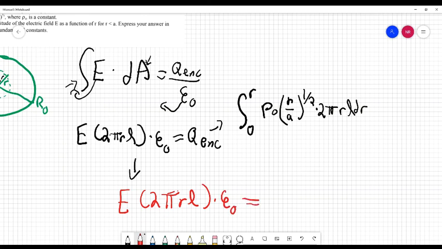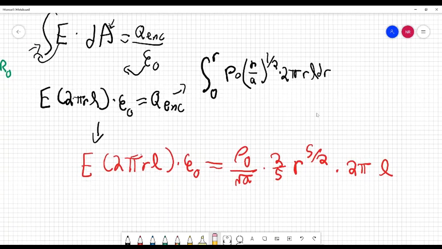And then the right side would end up becoming rho naught over square root of a times 2/5 r to the 5/2 times 2 pi L. Sorry, the r would go away when we integrate, so it just becomes 2 pi L.